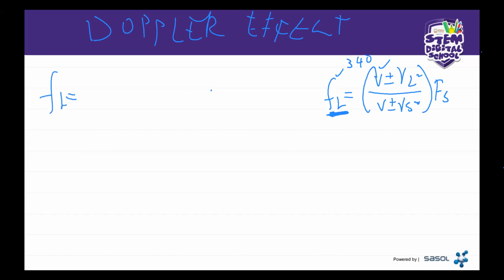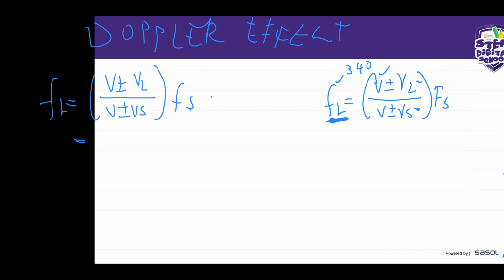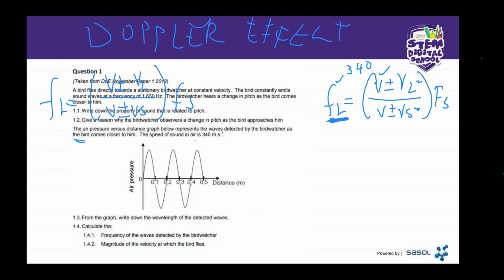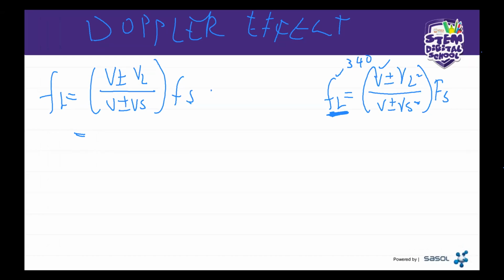FL is equal to V plus or minus VL over V plus or minus VS, times FS. So we already know our FS, which is given there: 1,650 hertz. We can write it there, 1,650 hertz.